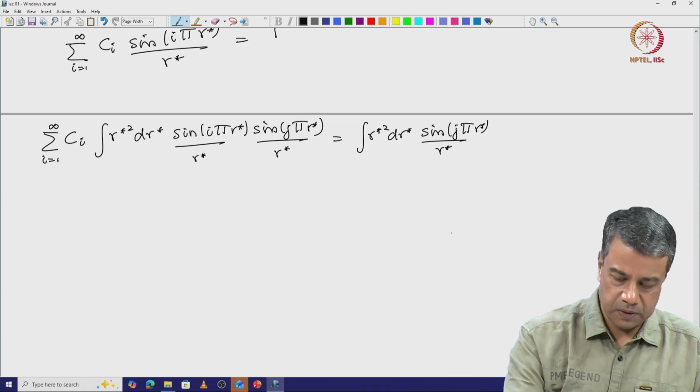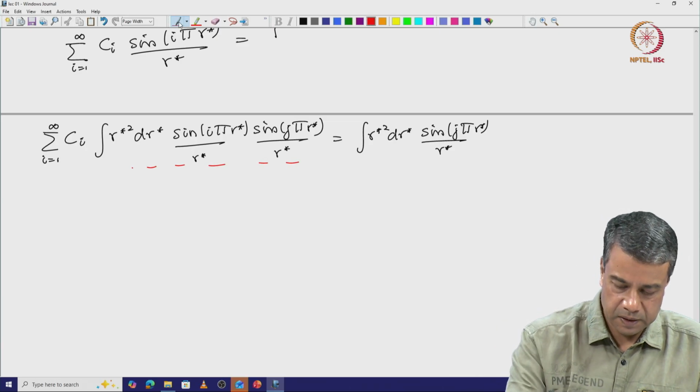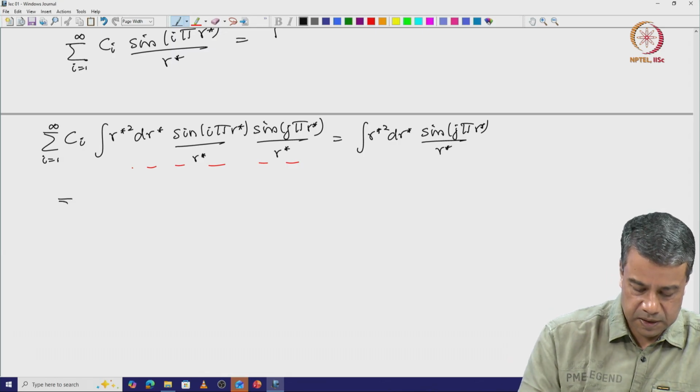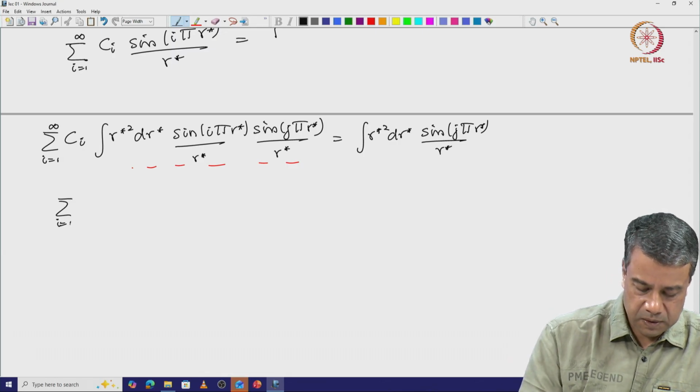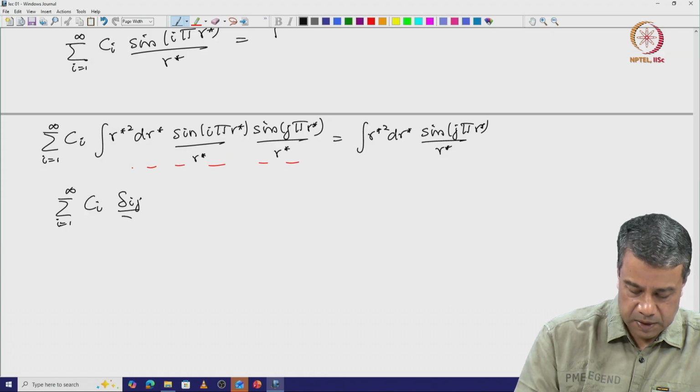And this left side we know. Left side we know what it is. It is the same as what we derived for a Cartesian coordinate system. So I get summation i equal to 1 to infinity of C i delta ij by 2.